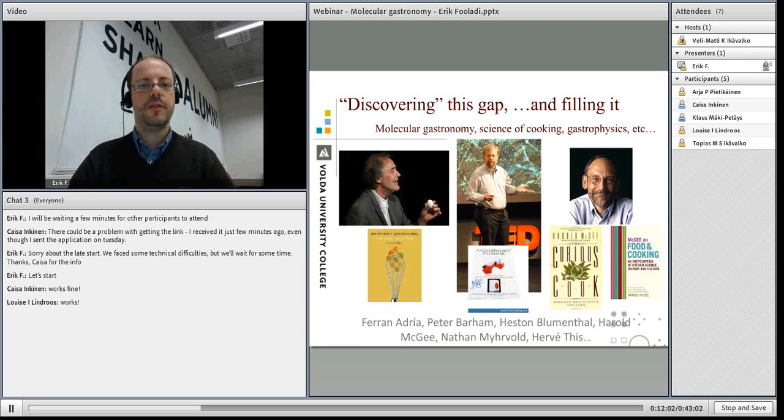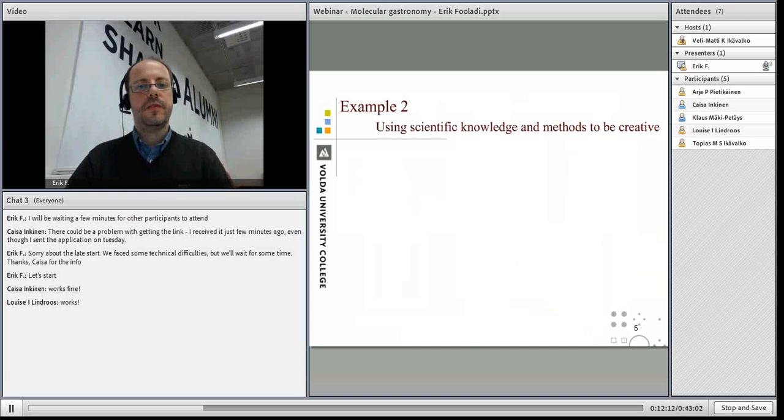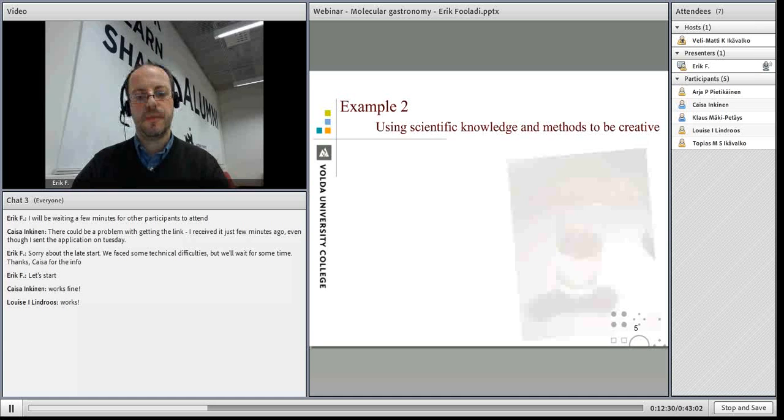So if you're using molecular gastronomy as a concept or word, then in our context, that would mean understanding what goes on in your food and maybe using that for some purpose. So I'm now starting on the other examples. One way of thinking of molecular gastronomy is to use scientific knowledge and scientific methods to be creative.